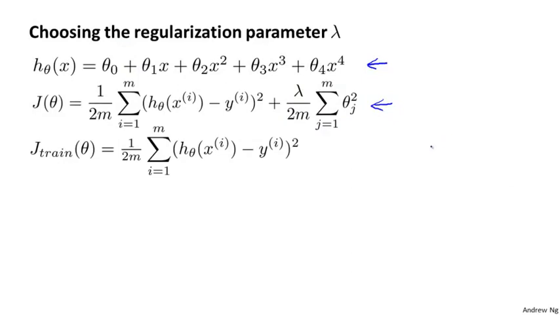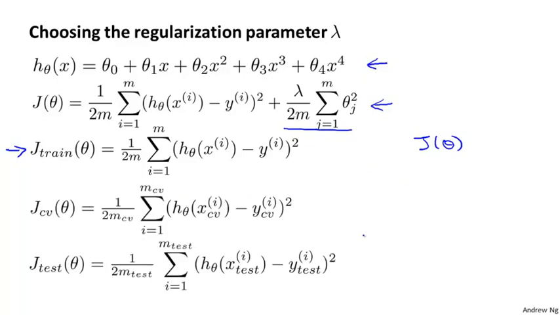Previously, in an earlier video when we were not using regularization, I defined J train of theta to be the same as J of theta as a cost function. But when we're using regularization, with this extra lambda term, we're going to define J train, my training set error, to be just my sum of squared errors on the training set, or my average squared error on the training set, without taking into account that regularization term.